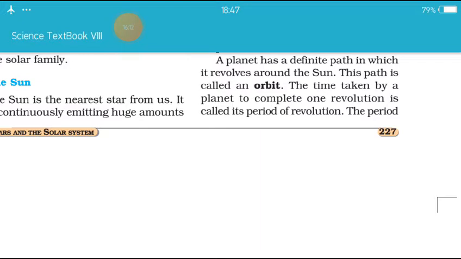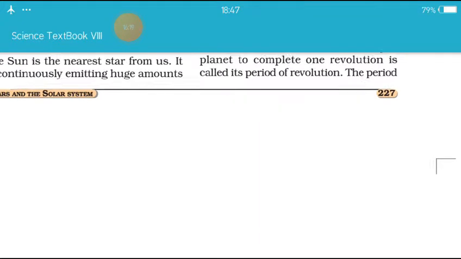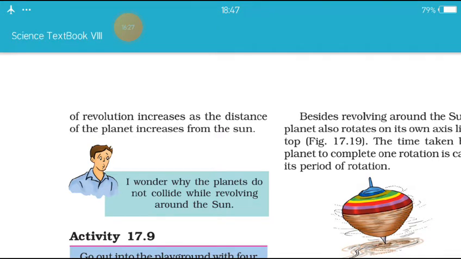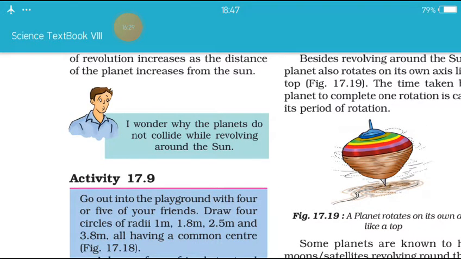The time taken by a planet to complete one revolution is called its period of revolution. The period of revolution increases as the distance of the planet from the sun increases.